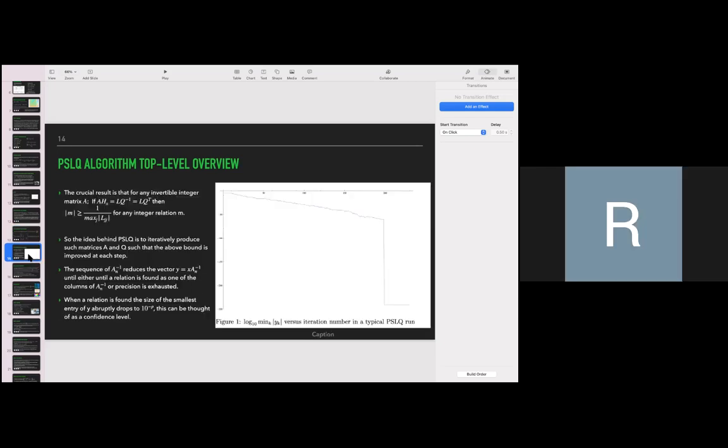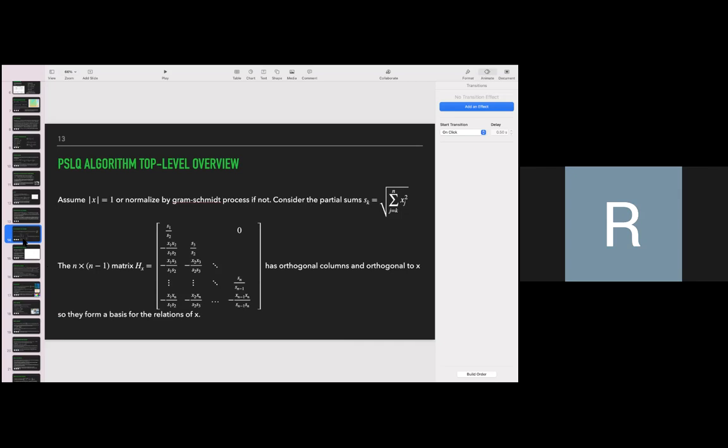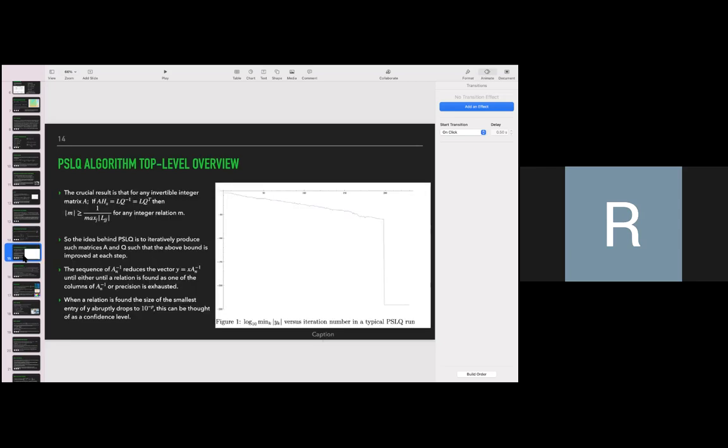So here, let me skip to the next slide. We're trying to find integer relations of x, right? So integer coefficients that you put onto each coordinate of x to sum up to get 0.